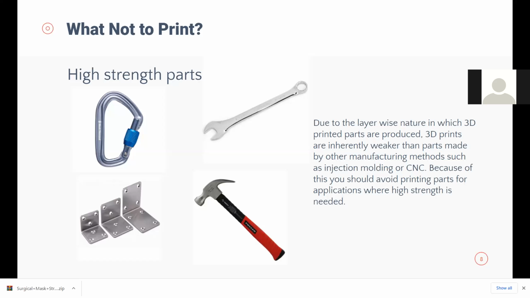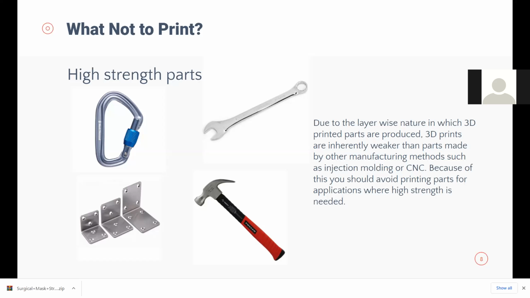For example, if you have gone zip lining, there is that hook which is used to hold people onto the rope. You can't print it out of plastic, because even kids will break it. You are going to have an accident and can cost someone their life.